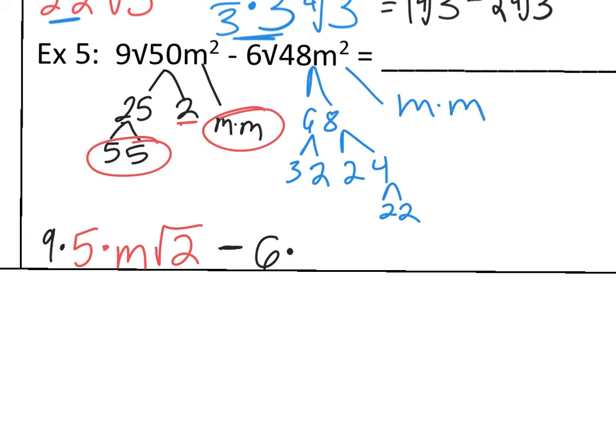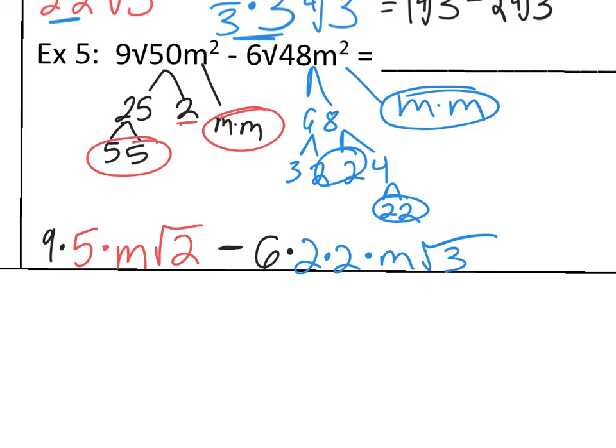So now let's start circling our groups of 2. And what are they? 2 groups of 2, so 2 times 2. Yep, we're going to have a radical of 3, but there's one more thing. Do I have another group? A group of m? Okay. Square root of 3.